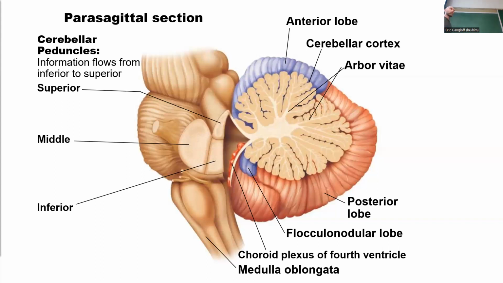These are important pathways for neurons traveling from the cerebrum to the cerebellum. The superior cerebellar peduncle is associated with the midbrain. The middle cerebellar peduncle is associated with the pons, and the inferior cerebellar peduncle is associated with the medulla oblongata.